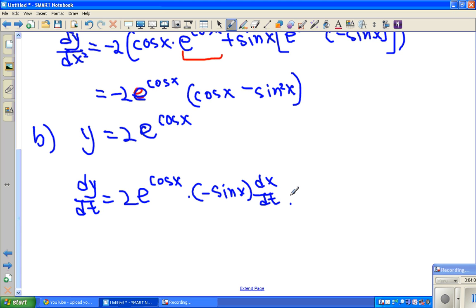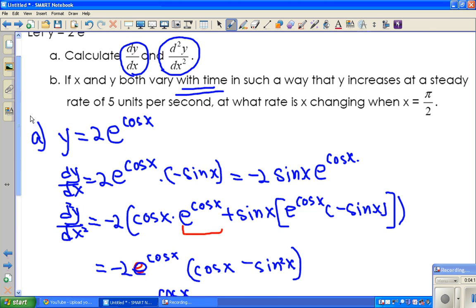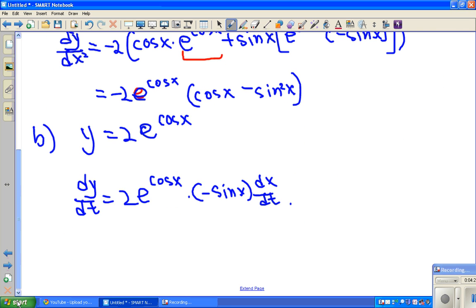Now, in this particular case, one thing that we get to realize is that when dy over dt becomes 5 units, and when x equals pi over 2, let us try to put them in together and see what happens.